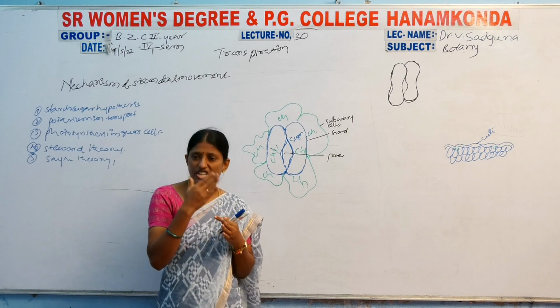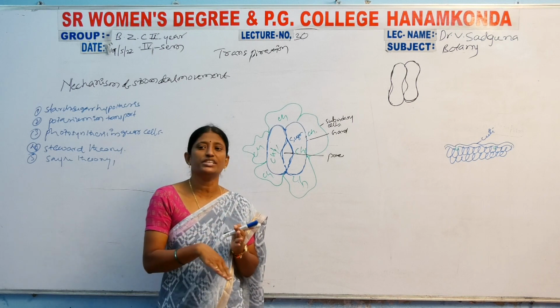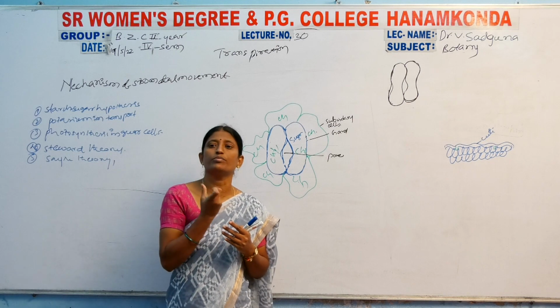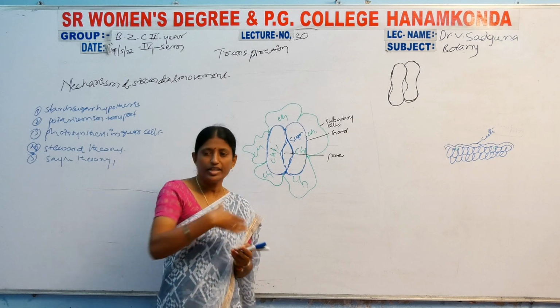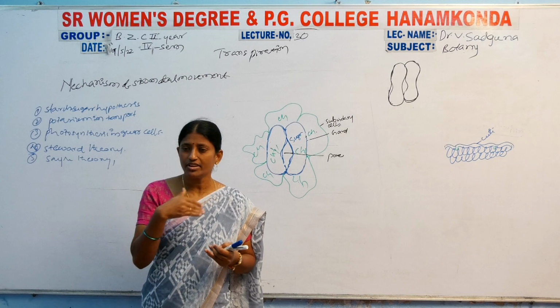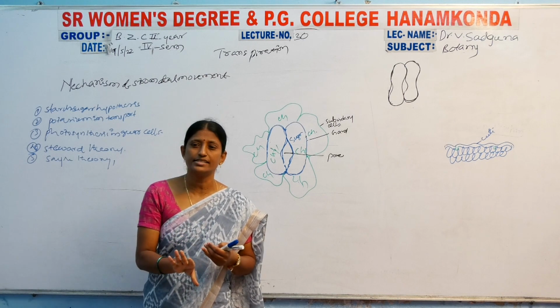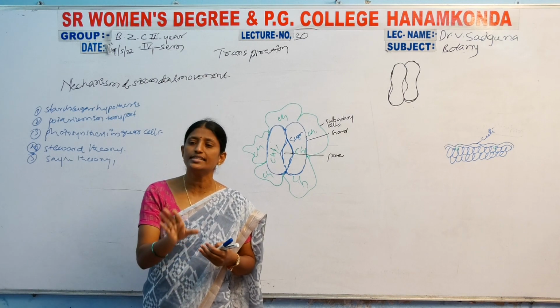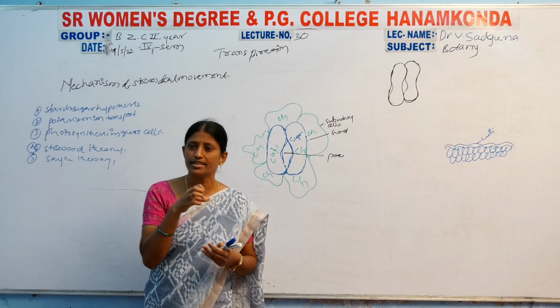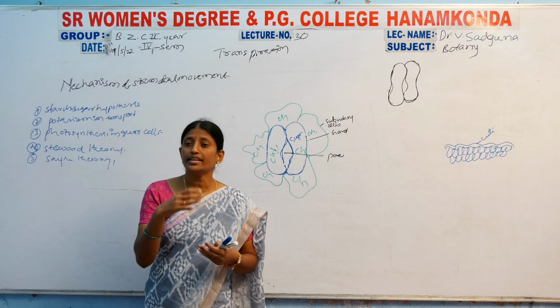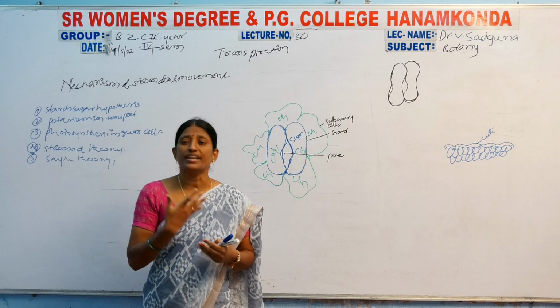Without the pressure, the stomata will be closed. In the previous class I had already told you about photosynthesis: autotrophic plants completely utilize water and sunlight to make their own food material.